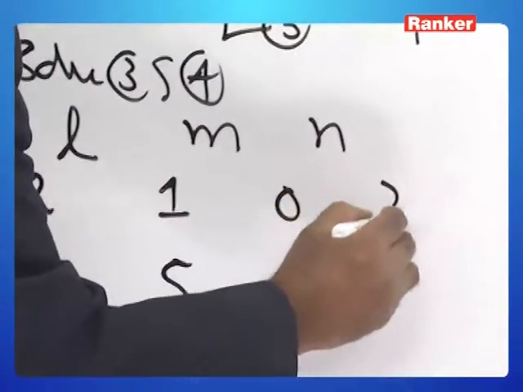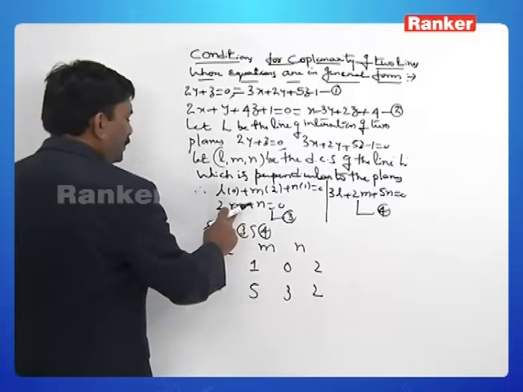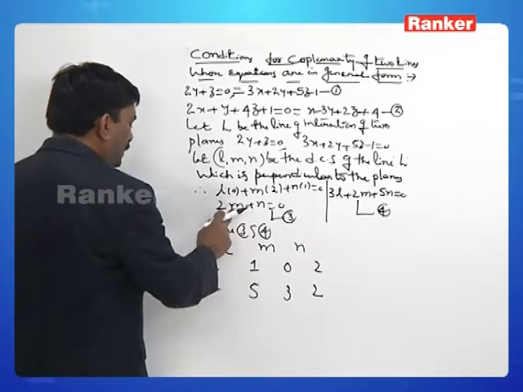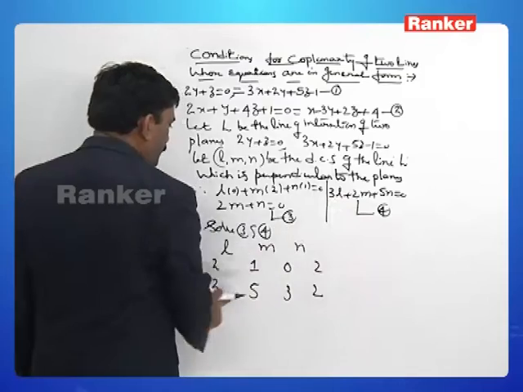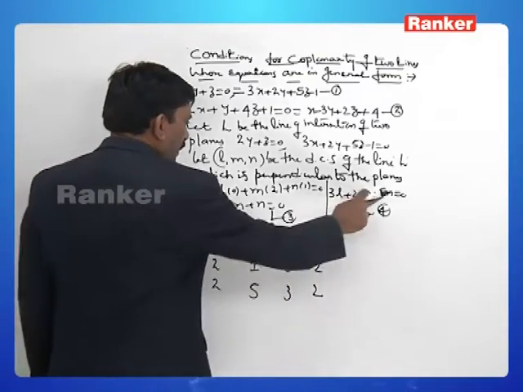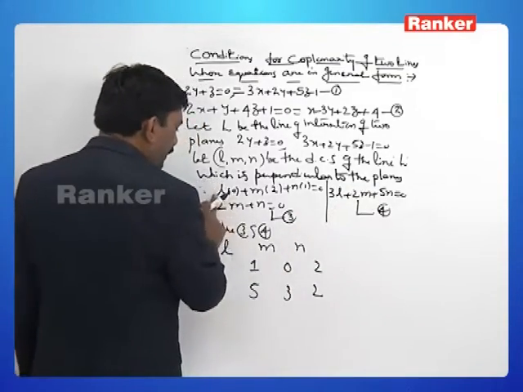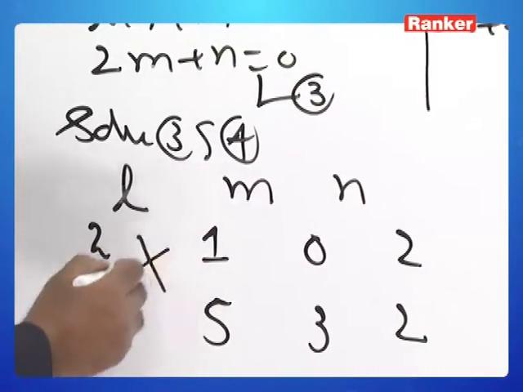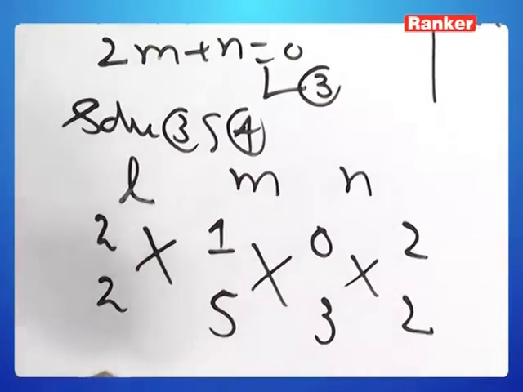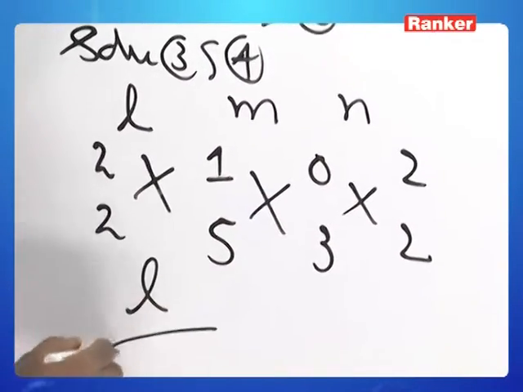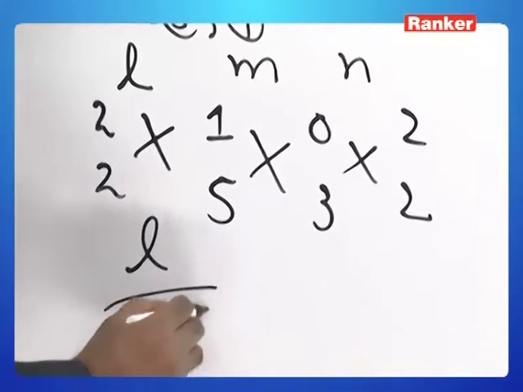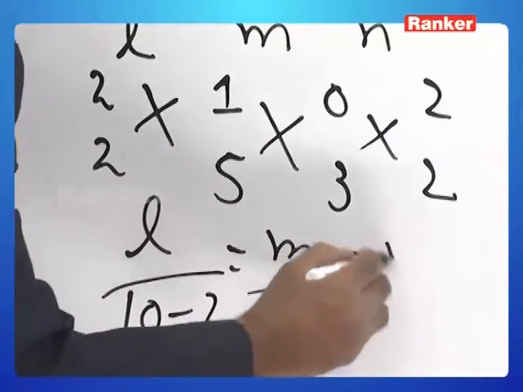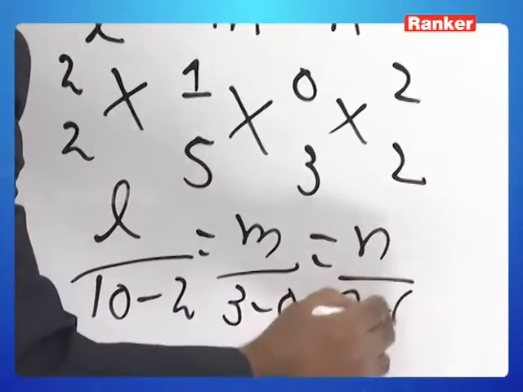The first and last must be the same. You have to go just like AD minus BC. Therefore, l by 10 minus 2, m by 3 minus 0, n by 0 minus 6.